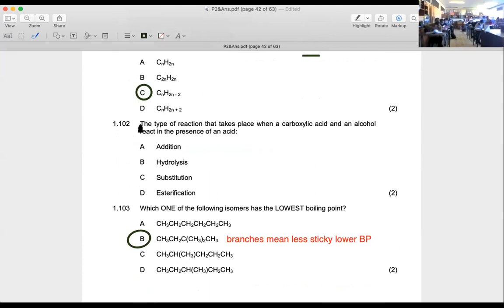Okay, the type of reaction that takes place when a carboxylic acid and an alcohol react in the presence of an acid. Now you did this experiment. Who says it's A? Who says it's B? Who says it's C? Who says it's D?